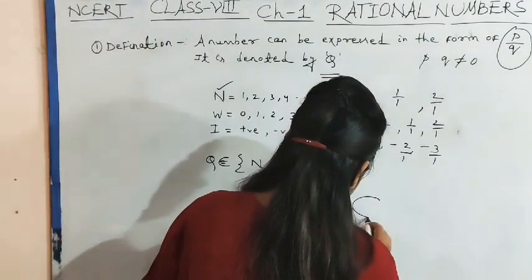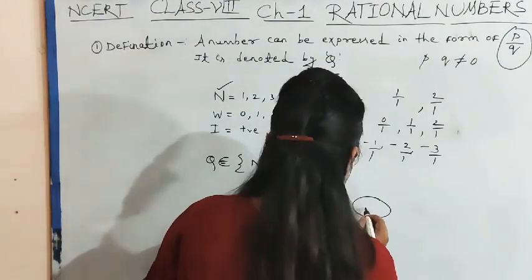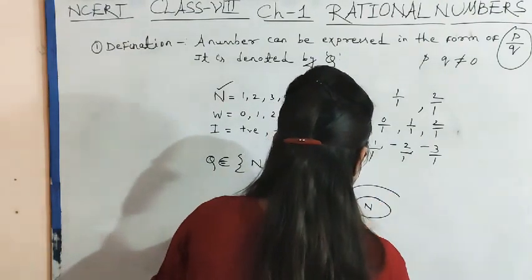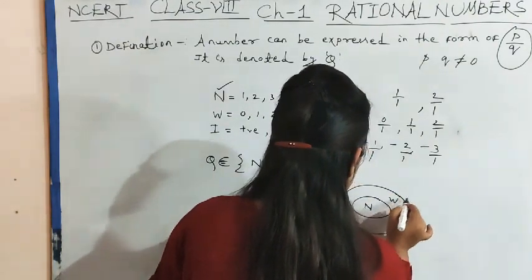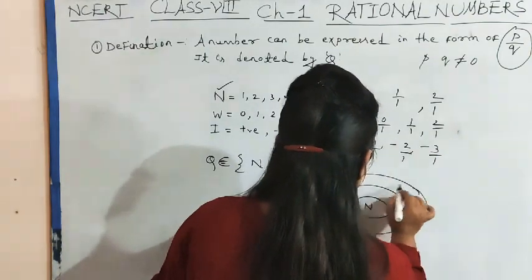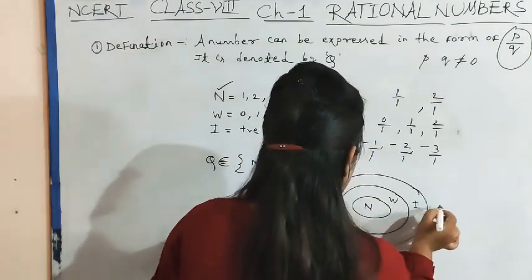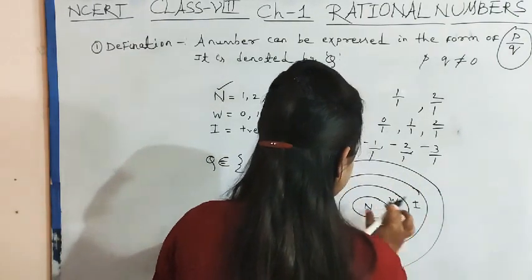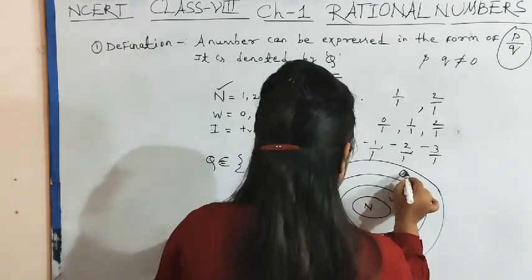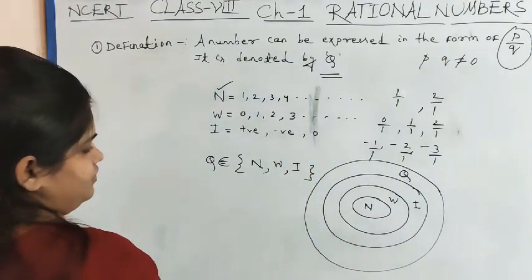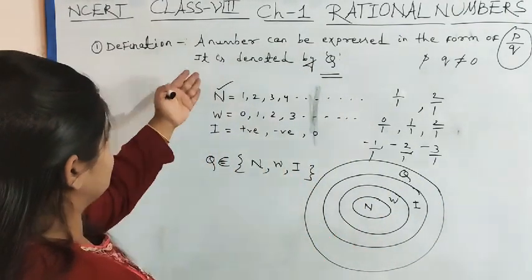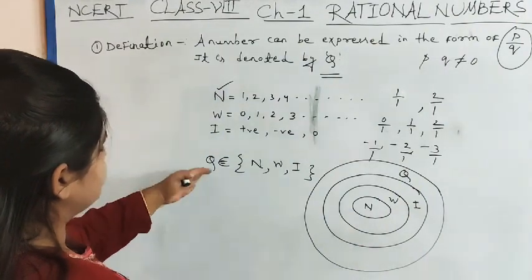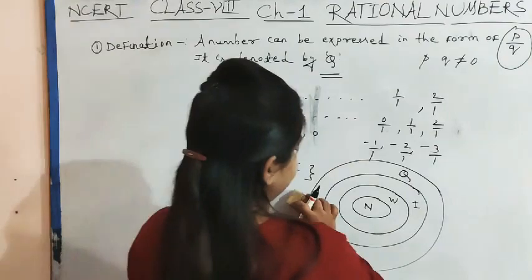Suppose we draw circles: all natural numbers are included in whole numbers, all whole numbers are included in integers, and all of natural numbers, whole numbers and integers belong to rational numbers. So whole numbers, natural numbers and integers are all included in rational numbers.